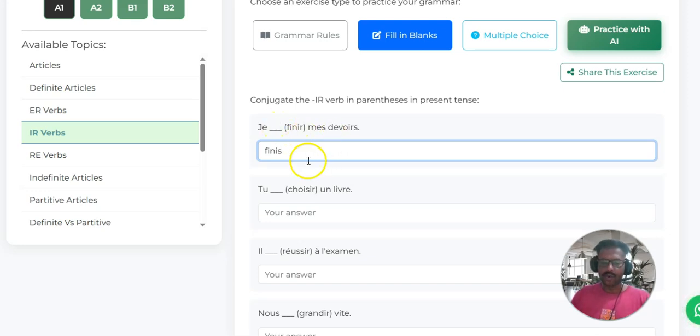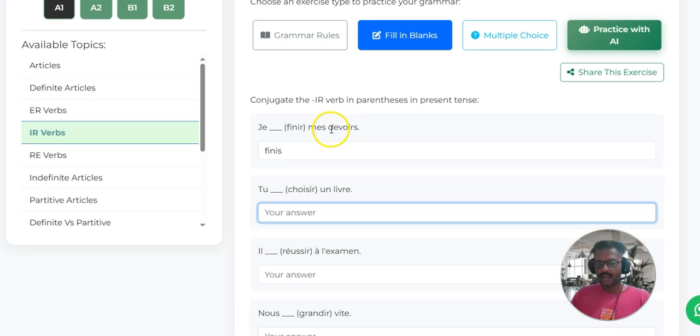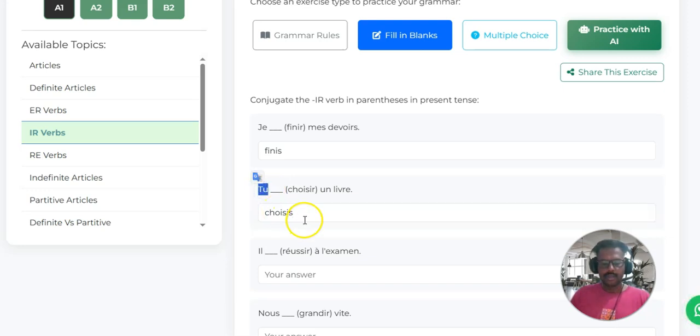Je finis mes devoirs, I finish my homework. So tu choisis, C-H-O-I-S-I-S, then the ending will be s because its subject is tu. In this case, you choose a book.